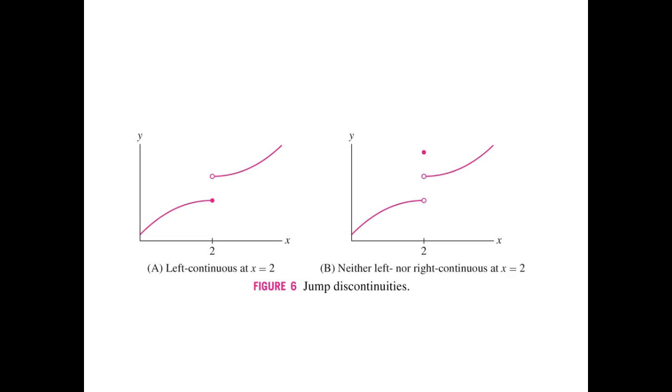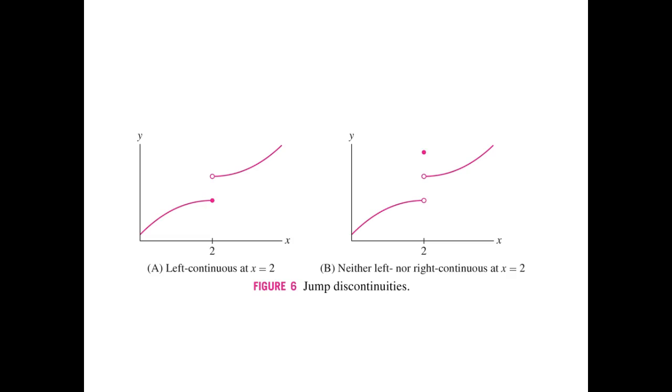But in this case, the limit as x approaches 2 from the left is one value, the limit as x approaches 2 from the right is a different value, and f of 2 is at a different value completely. Again, there's no way you can reassign f of 2, even to the point right in between. It still wouldn't be continuous here or there. So that's a jump discontinuity.